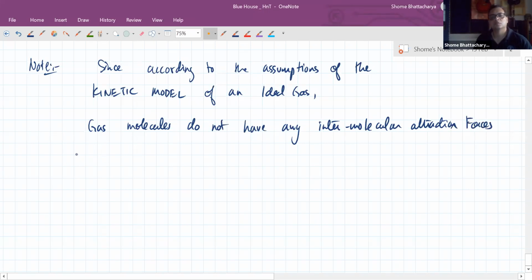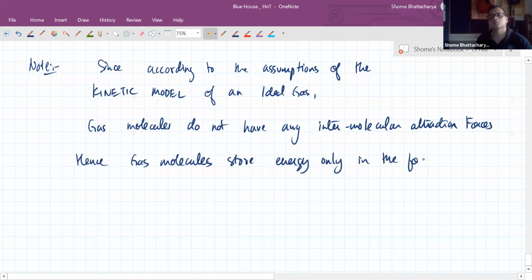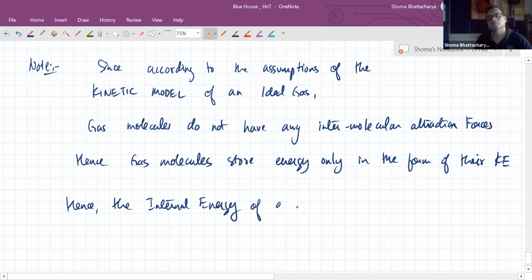Therefore, gas molecules store energy only in the form of their kinetic energy. So therefore, the internal energy of a gas is nothing but the total kinetic energy of its molecules.